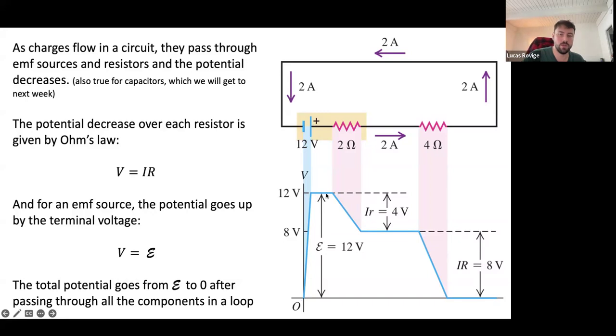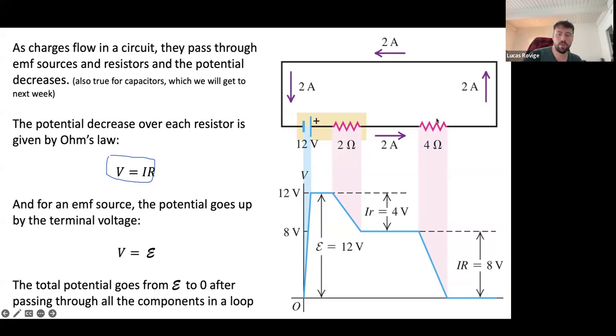There's no resistor, so the potential is not dropping. And then the first resistor. Because we have a potential across this resistance, we have a drop in the potential associated with Ohm's law here. Because it's 2 ohm, we get that the potential drop is 4 volts. And then we continue on the wire, constant potential.